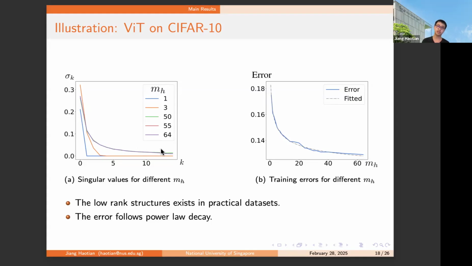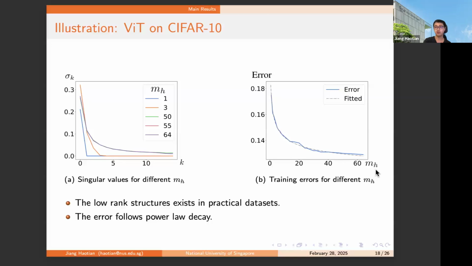So we can use this as an estimate of the singular value pattern of the target. It actually has a low-rank pattern, because we are only plotting the first few singular values, and they already converge to 0 very fast. So there exist low-rank structures in practical data sets.